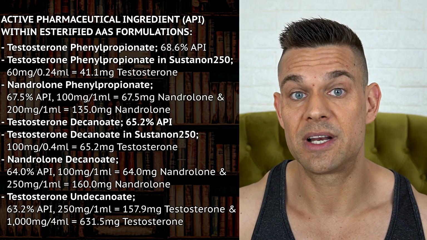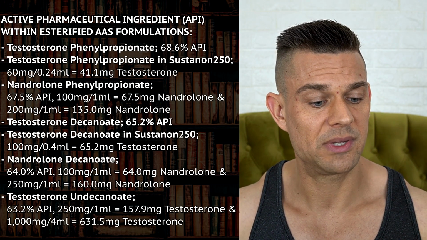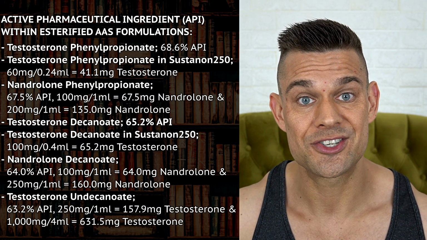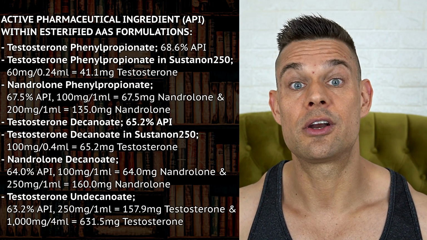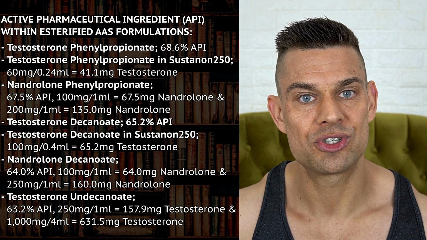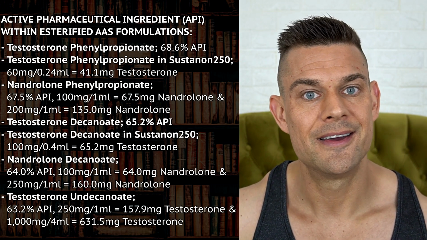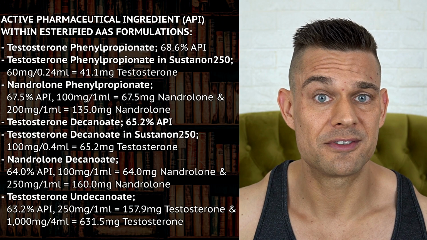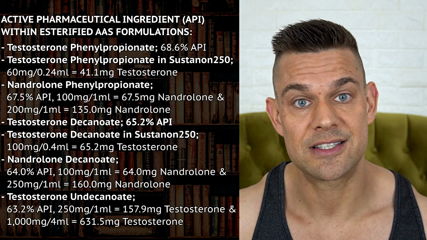That means 250 milligrams per 1 milliliter of Nebido contains 157.5 milligrams testosterone. But if you go with the full injection dose, if you go with 4 milliliters, that's 1,000 milligrams testosterone undecanoate, that will give you 631.5 milligrams testosterone in one go. Again, I would advise everybody to space your Nebido injections at least once a week, but preferably bi-weekly, or maybe even every day if you like to go with micro-administrations and keep your serum concentrations as stable as possible.